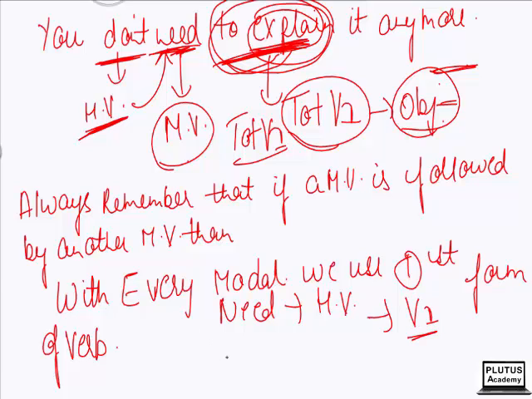And if need is being used as a main verb in a sentence, then we have to use 2 plus V1 form after need. Now we'll consider examples.